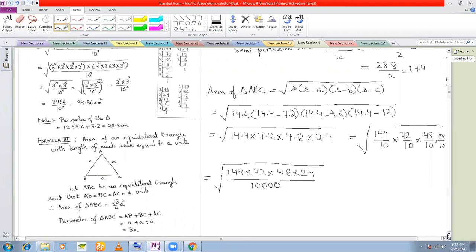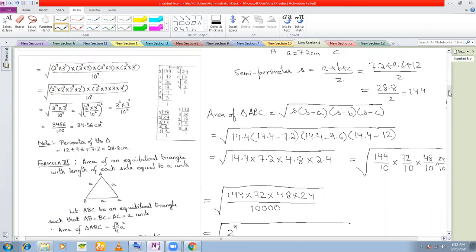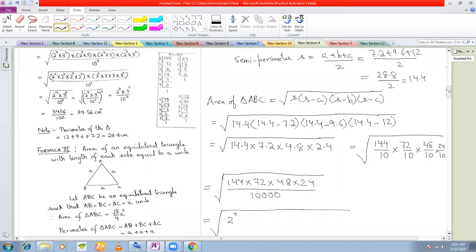So I'll simply put the values of the prime factorization. 144 can be prime factorized into 2 to the power of 4 into 3 square.